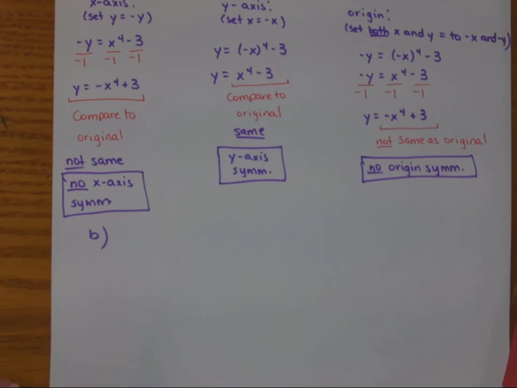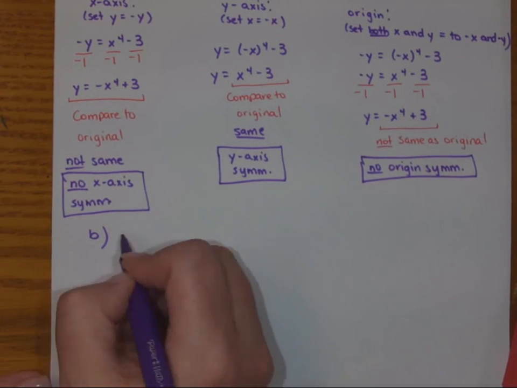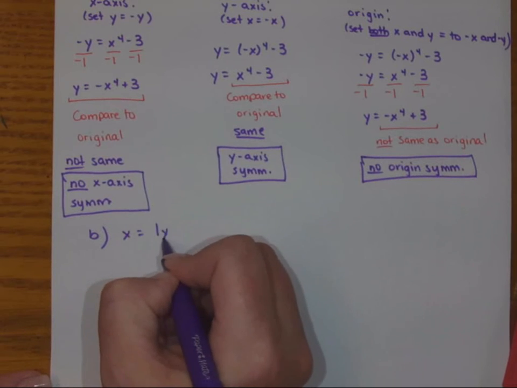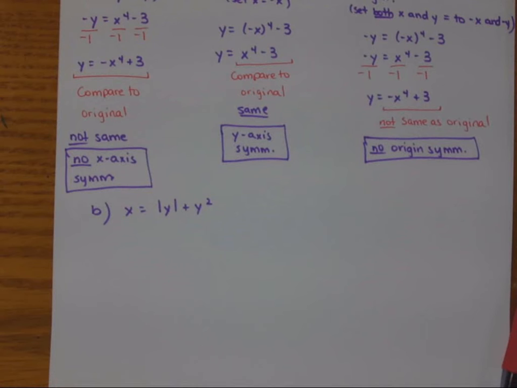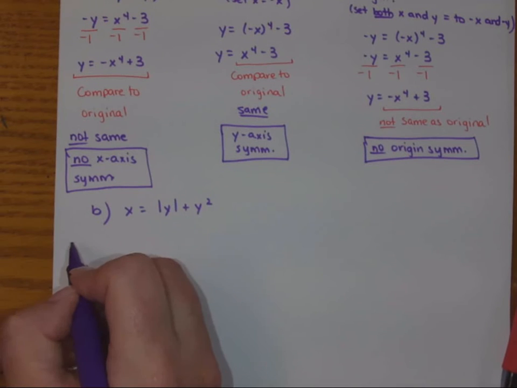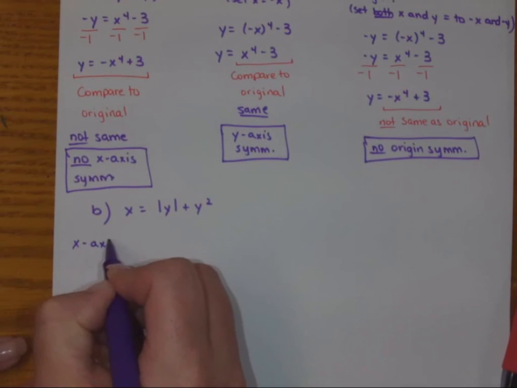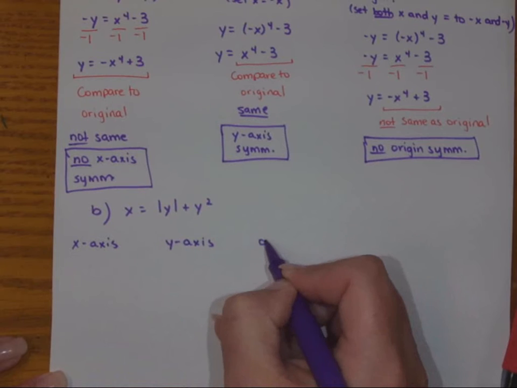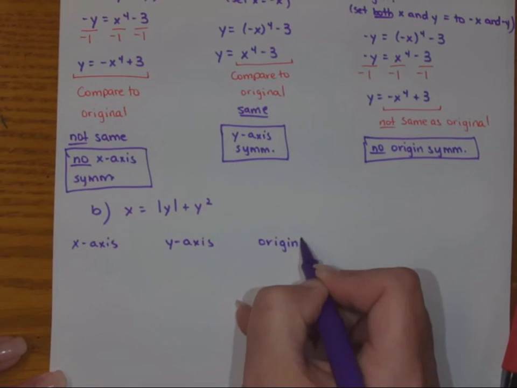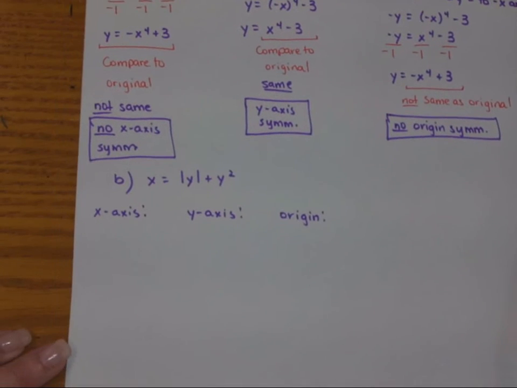All right, so let's look at B really, really fast. So x equals absolute value of y plus y squared. Again, I'm going to make this quicker because we just did one like this. In other words, I'm not going to write my process this time.